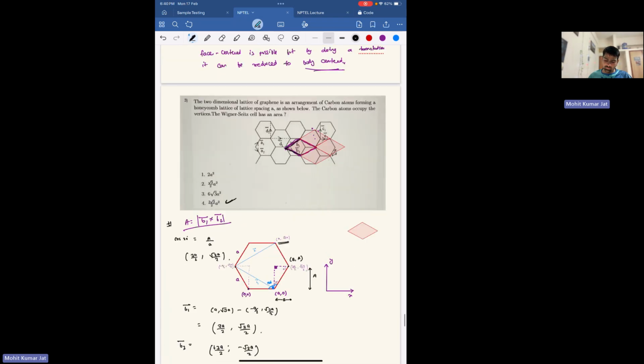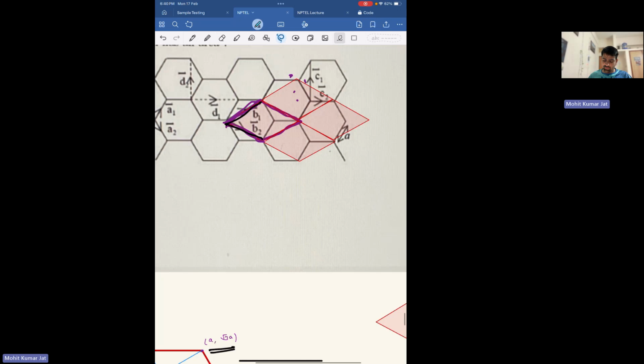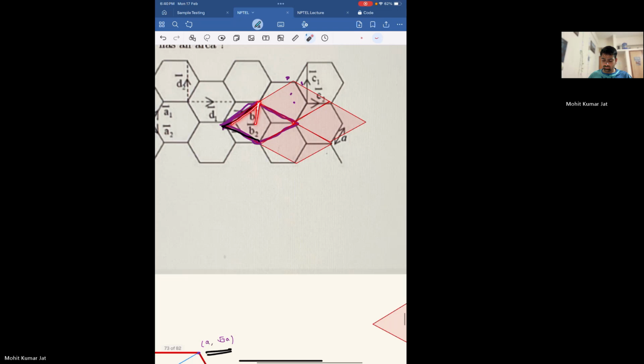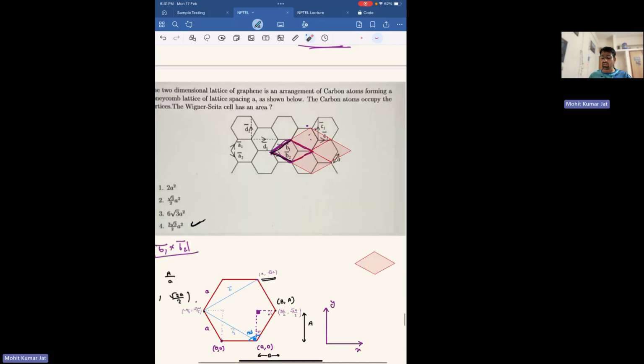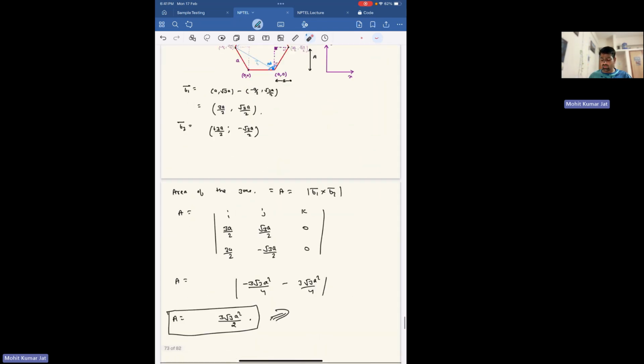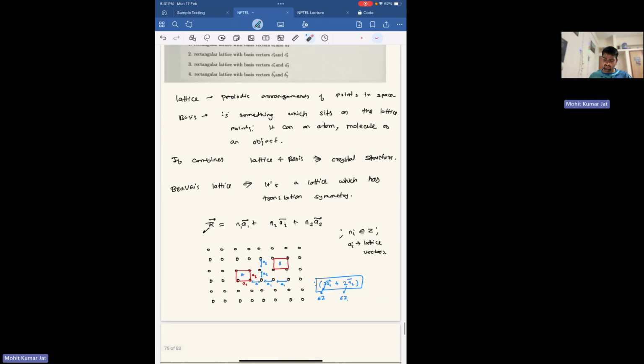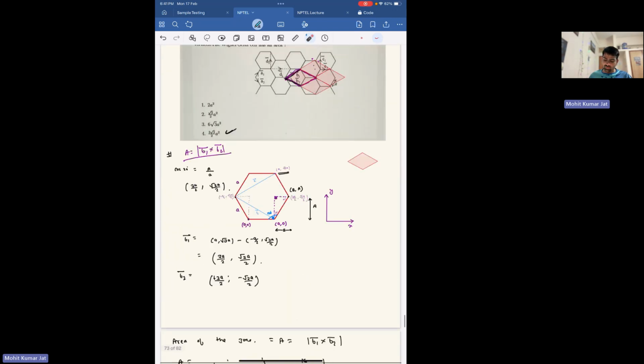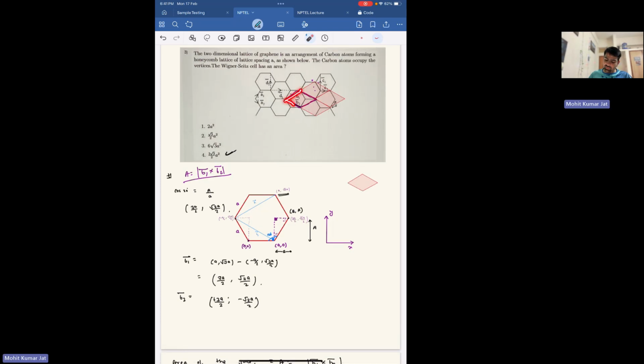Because with this structure, I can translate it in X and generate these ones, but I can't generate this one with a unit translation. So this won't be generated, while this can be. So it's not a Bravais lattice. It's the primitive lattice you can ask about, and the primitive lattice is the Wigner lattice.